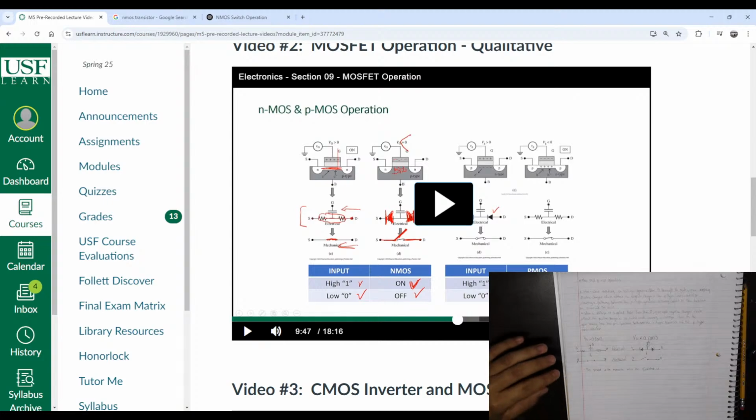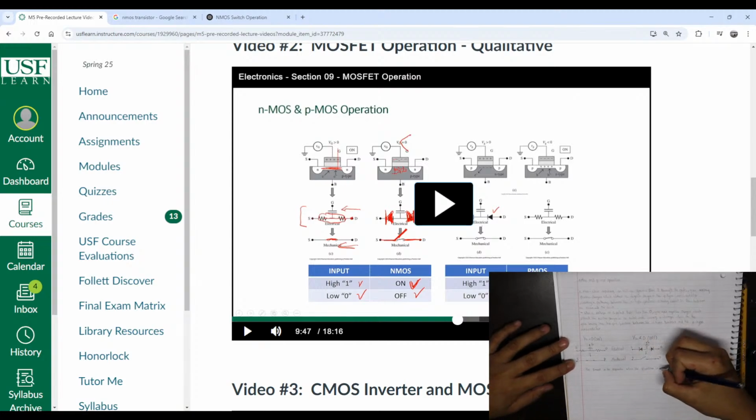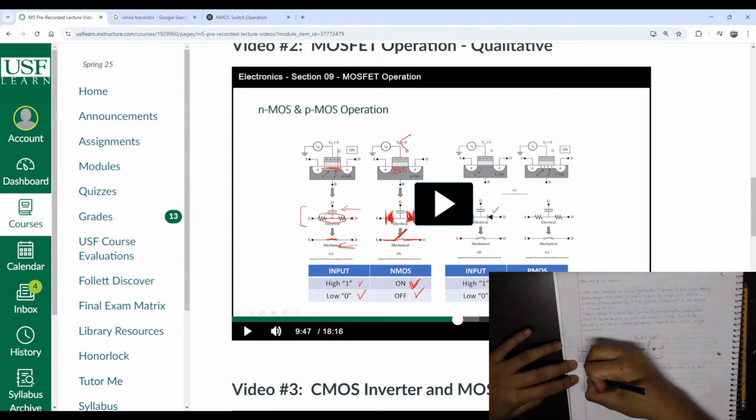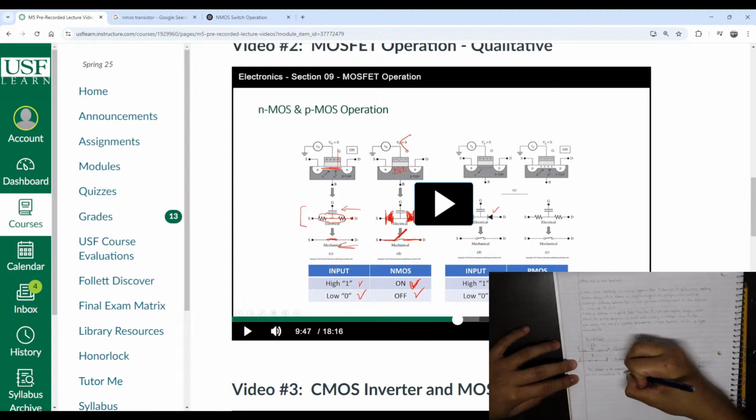The PMOS is the opposite, where the P junction is at the source and drain. Semiconductor is N type.